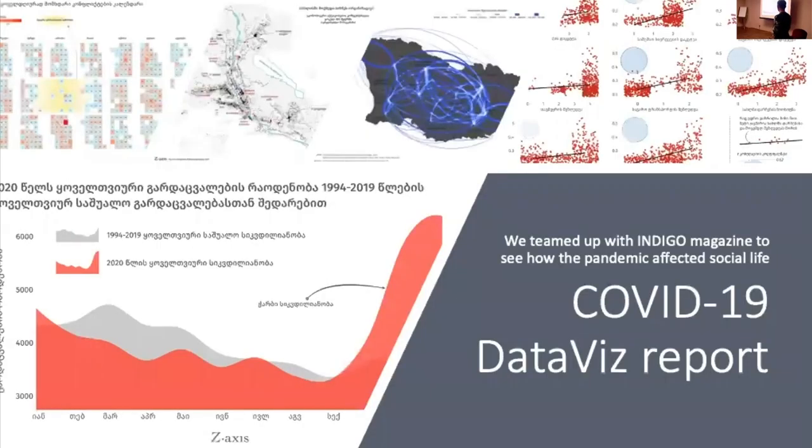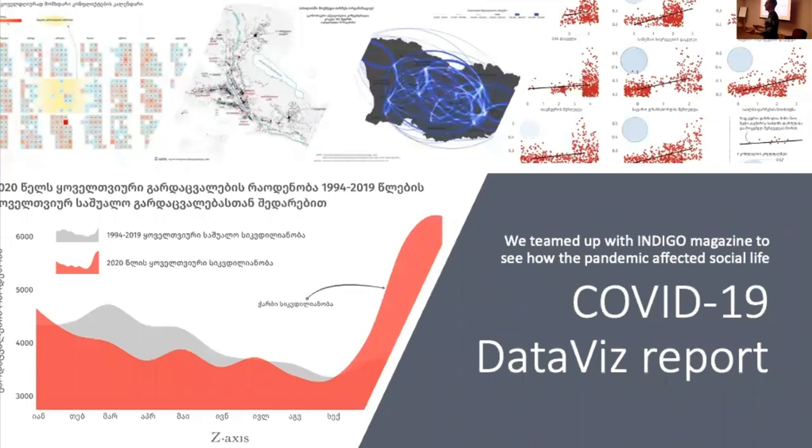So in 2020 or 21, we teamed up with Indigo magazine, which is a Georgian web-based magazine, and we tried to understand what kind of effect the pandemic had on social life in Georgia, how it affected society in general.